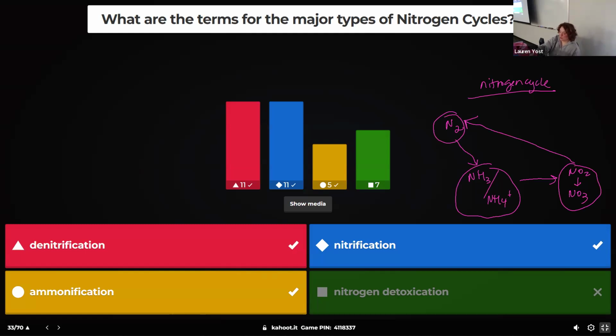Converting N2 into NH3 or NH4 plus, this is a process called ammonification. This is done by certain types of bacteria, even in your gut, even in your body, okay? And then conversion of ammonia compounds into nitrite or nitrate, where NO2 is nitrite, NO3 is nitrate, okay? This is called nitrification.